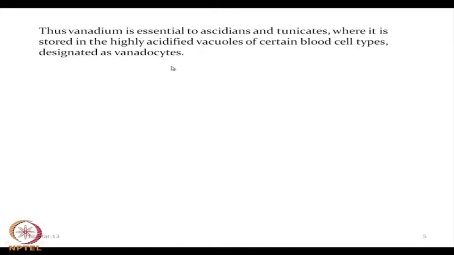So, we see that vanadium is thus essential for ascidians and tunicates, and it is stored in highly acidified vacuoles of certain blood cell types. Their blood cells are responsible for generating vacuoles, and the cells containing these vacuoles can be termed vanadocytes, like lymphocytes or any other biological system having some affinity for vanadium ion.